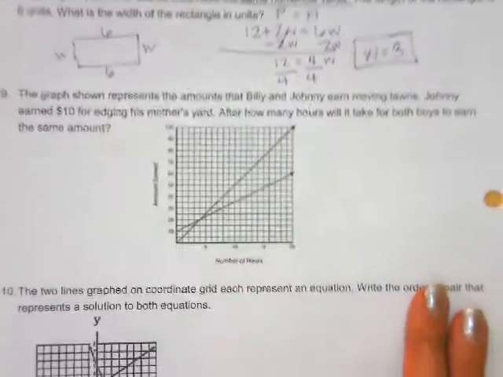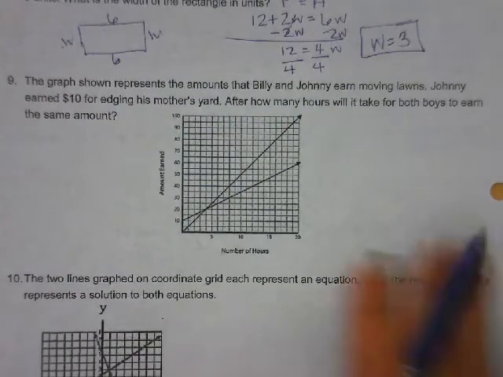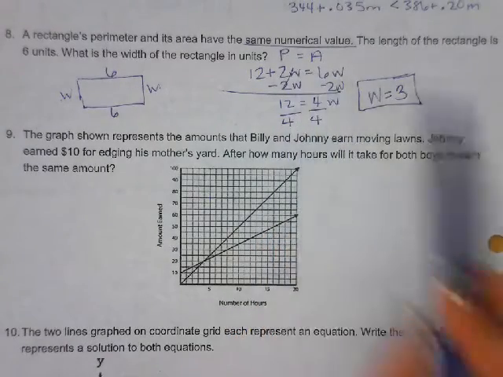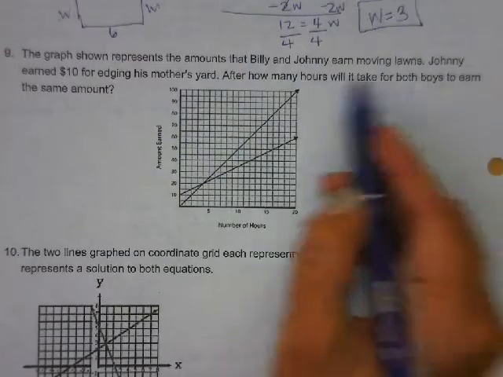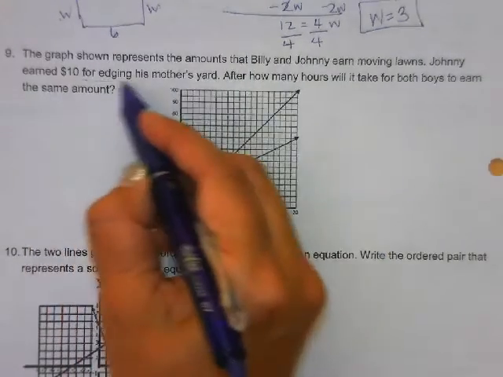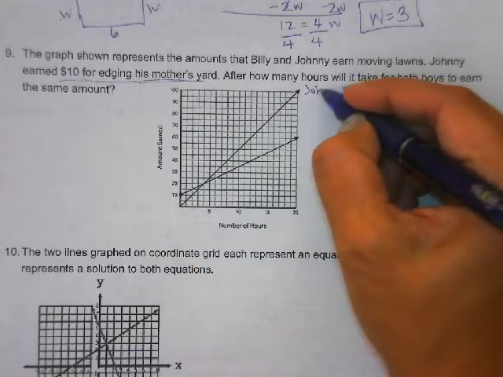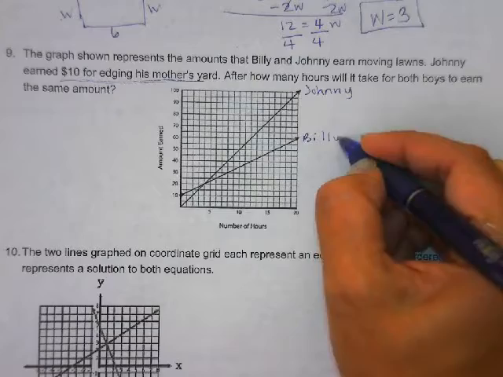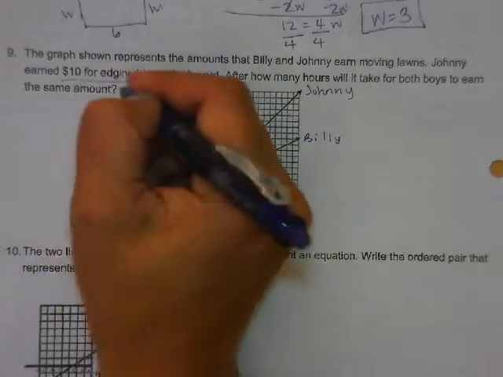The last two are graphing, where we talked about how to find a solution when we have equations on both sides. We talked about on a graph, this is the point of intersection. So read carefully. Johnny has earned $10 for edging his mother's yard, so we're going to assume that this line is Johnny. And then that would make this other line Billy. So they are earning money for mowing lawns. How many hours will it take for both boys to earn the same amount?